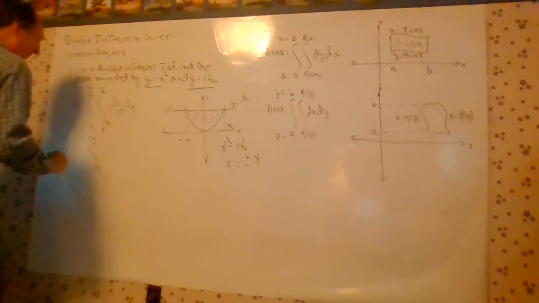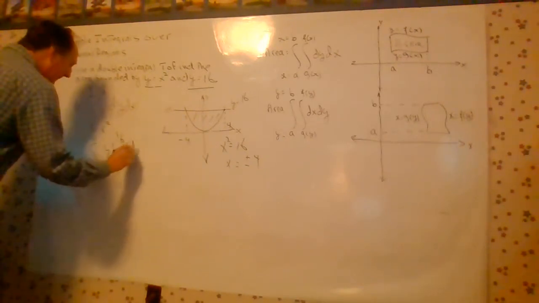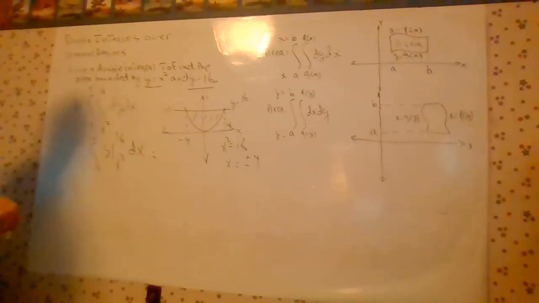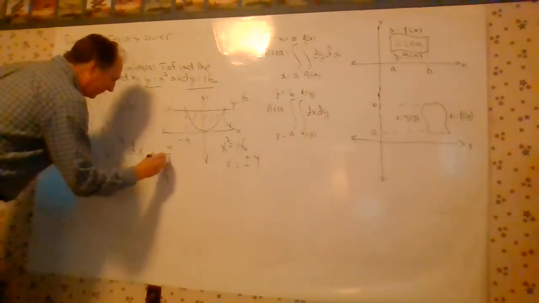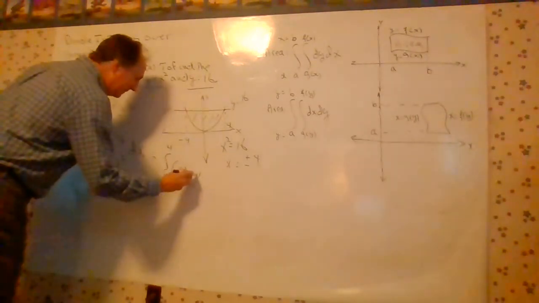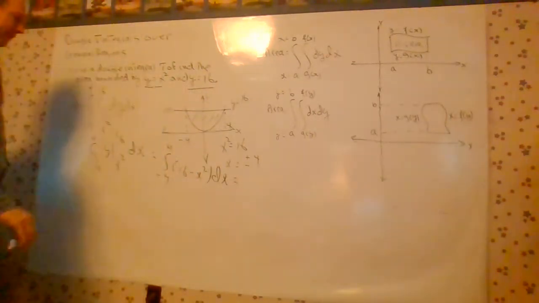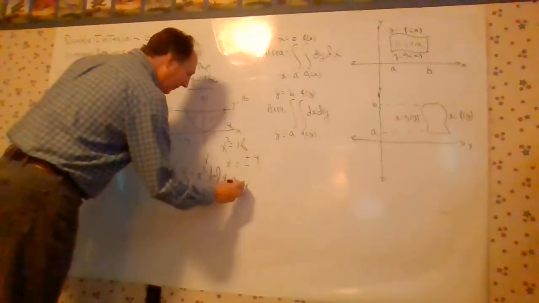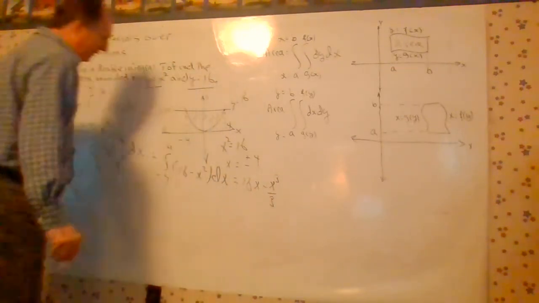Negative 4 to 4, y from x squared to 16, dx. Plug in 16, plug in x squared, we get the integral from negative 4 to 4 of 16 minus x squared dx. And that gives us 16x minus x cubed over 3.